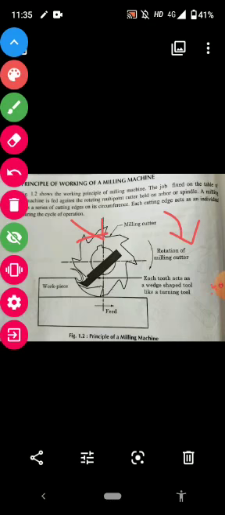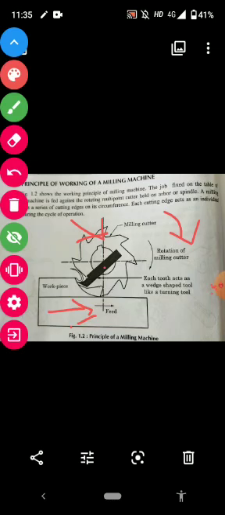The shaded one in the center of the milling cutter is shown, and feed is given to the workpiece. This is the feed which is given to the workpiece in this direction.